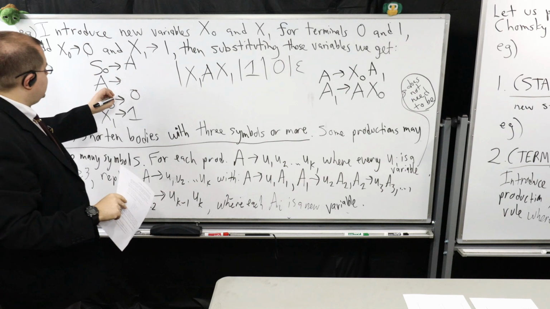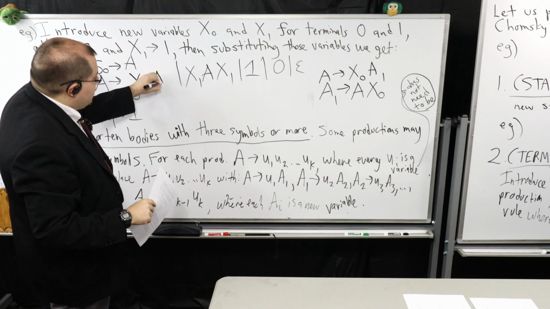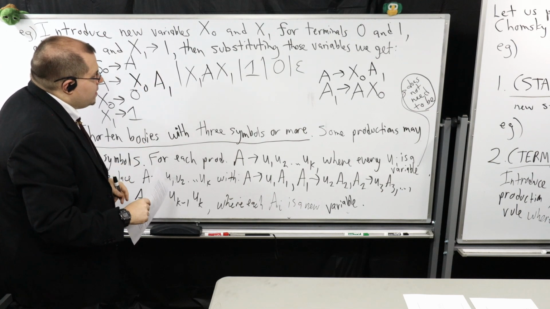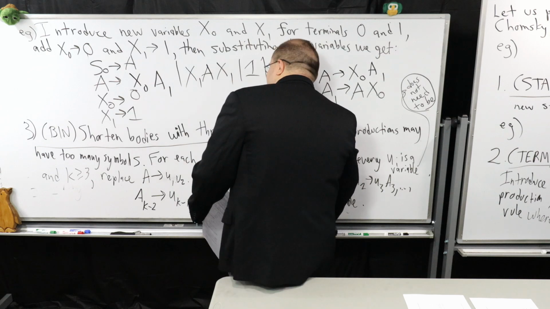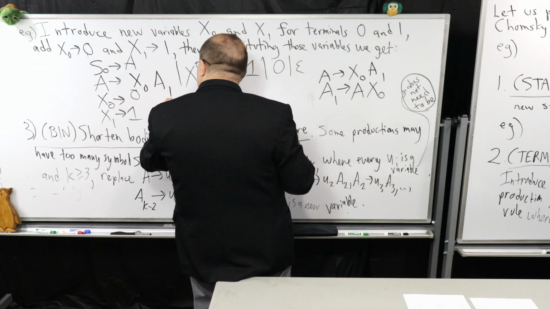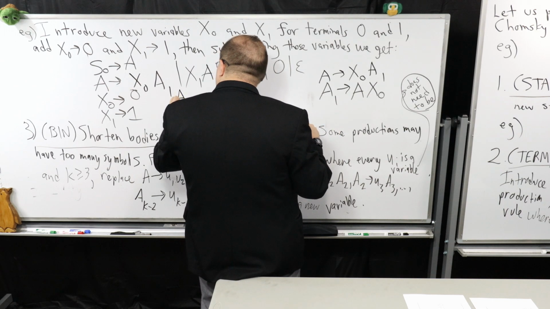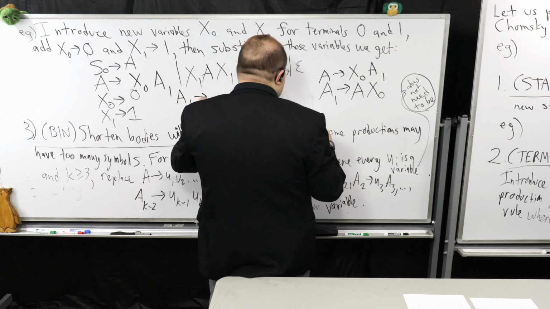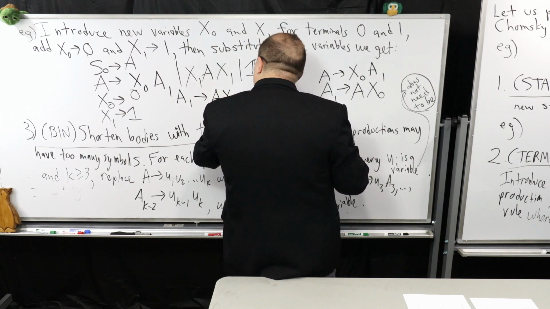I can go X0, A1, and now I'm just going to take the second part. I need to add that in here. So here's a new production rule using this idea. A1 is going to give me A X0.